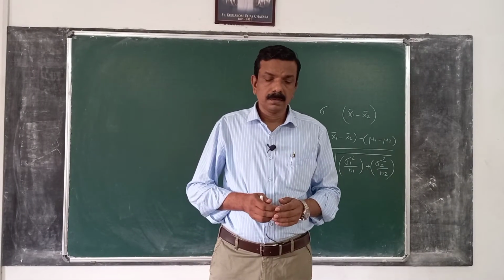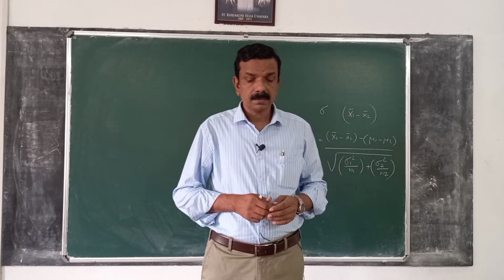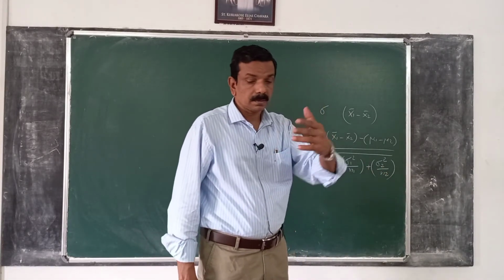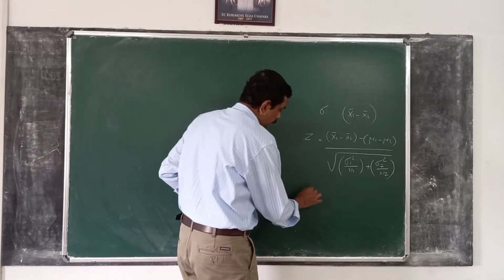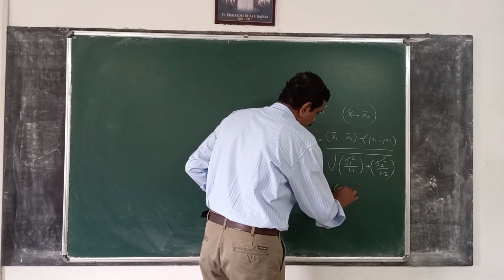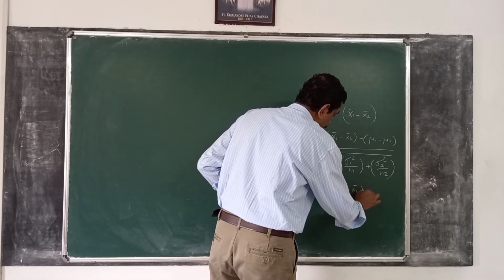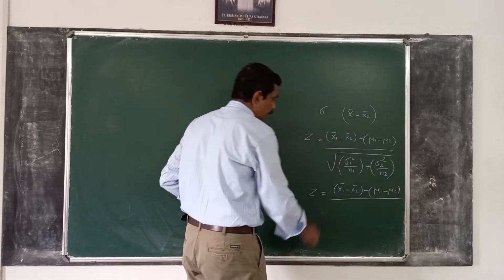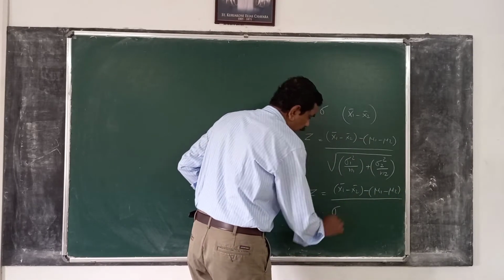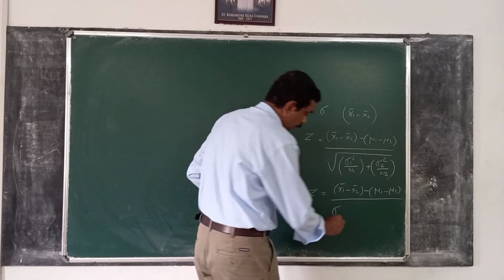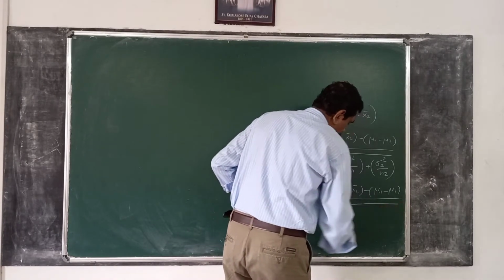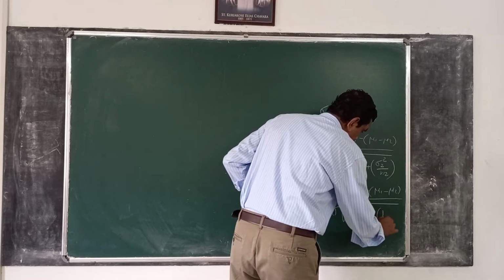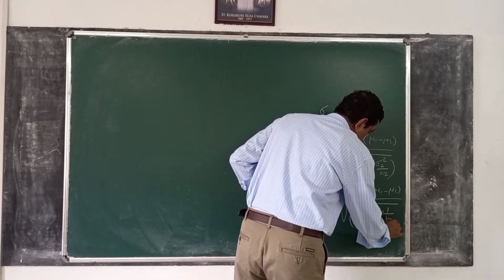And if we replace this sigma 1 and sigma 2 with the common sigma, then Z is equal to x bar 1 minus x bar 2 minus mu 1 minus mu 2, all divided by sigma into root of 1 by n1 plus 1 by n2.